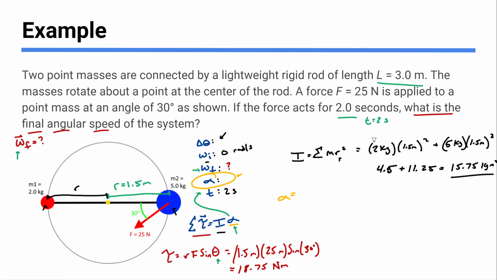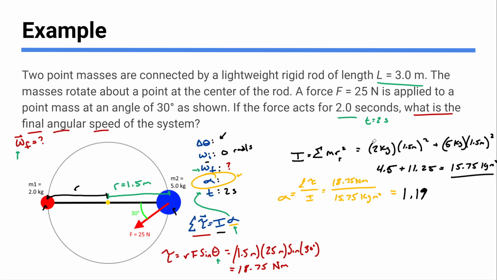So let's do that with, now I'm just solving for this, which is net torque over moment of inertia. So I'm doing 18.75 Newton meters over 15.75 kilogram meters squared. Okay, 18.75 divided by 15.75 gives me a fun answer of 1.19 and so on.